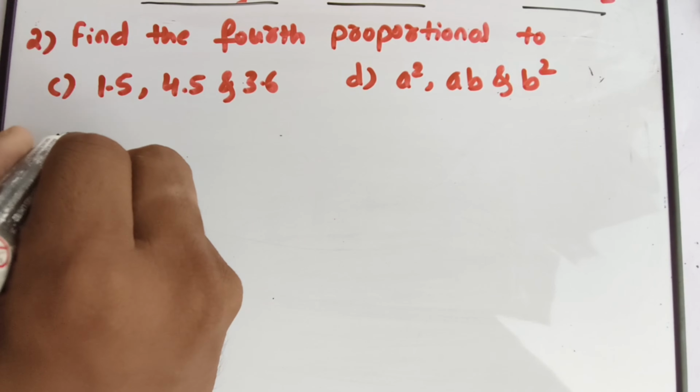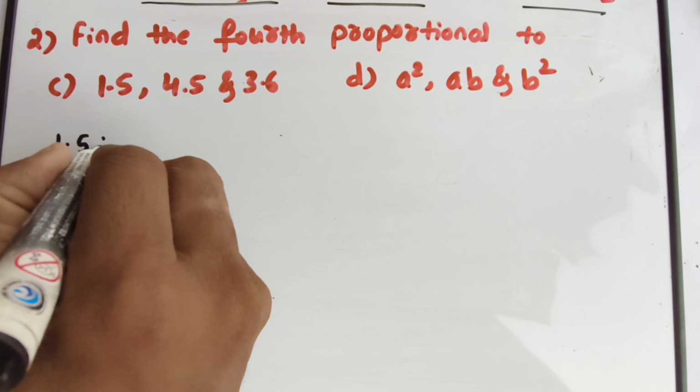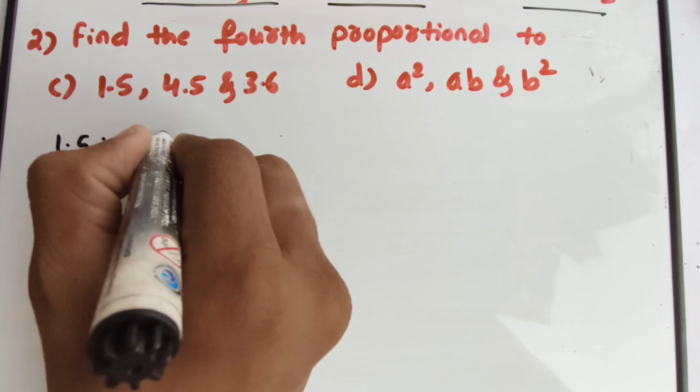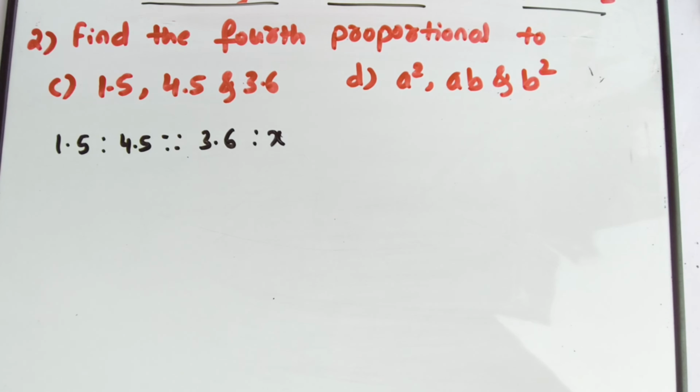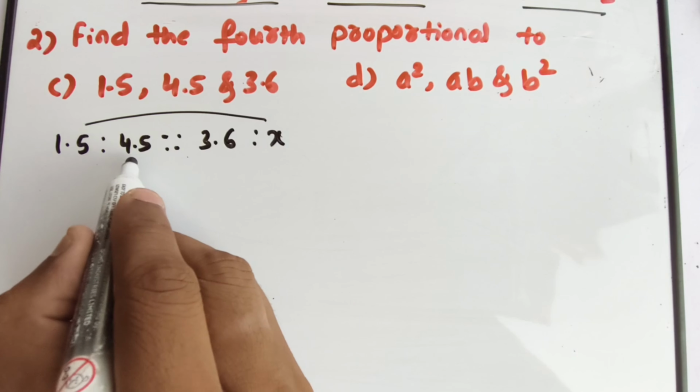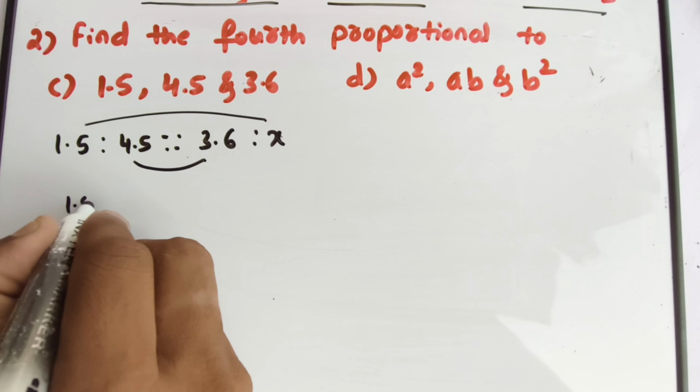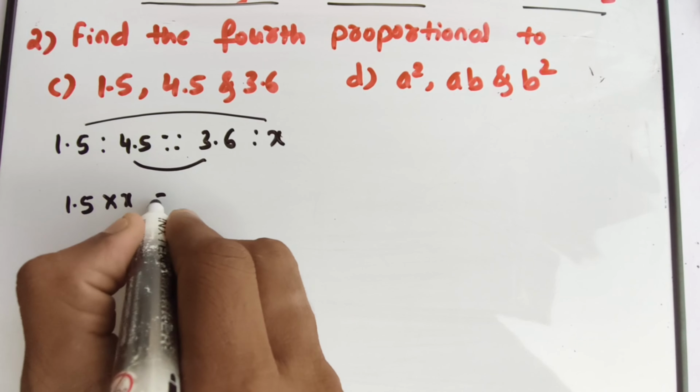Let us find the fourth proportional for these given numbers. 1.5 ratio 4.5 proportion 3.6 and fourth proportional number be x. 1.5 into x is equal to 4.5 into 3.6.